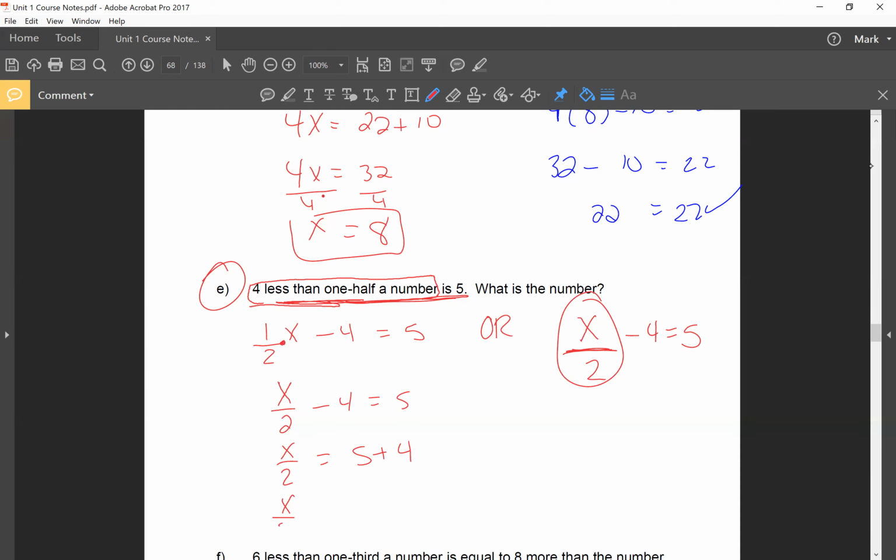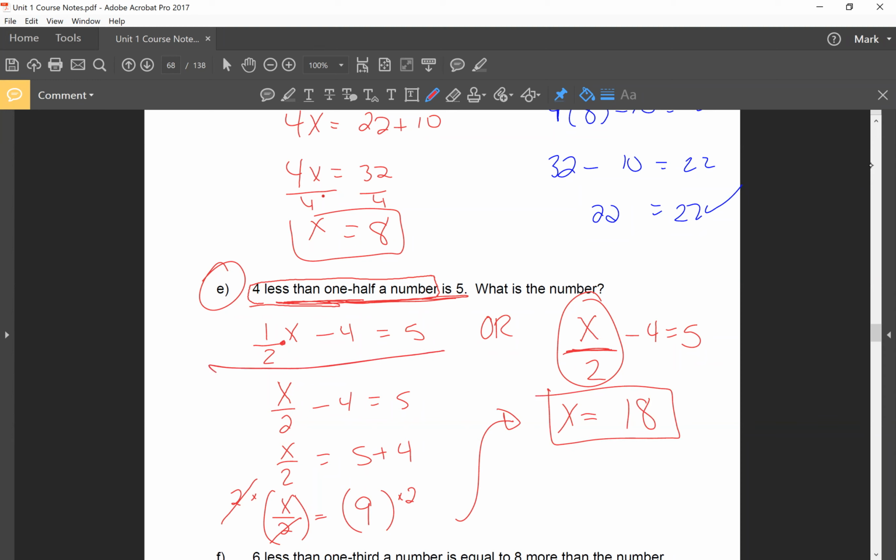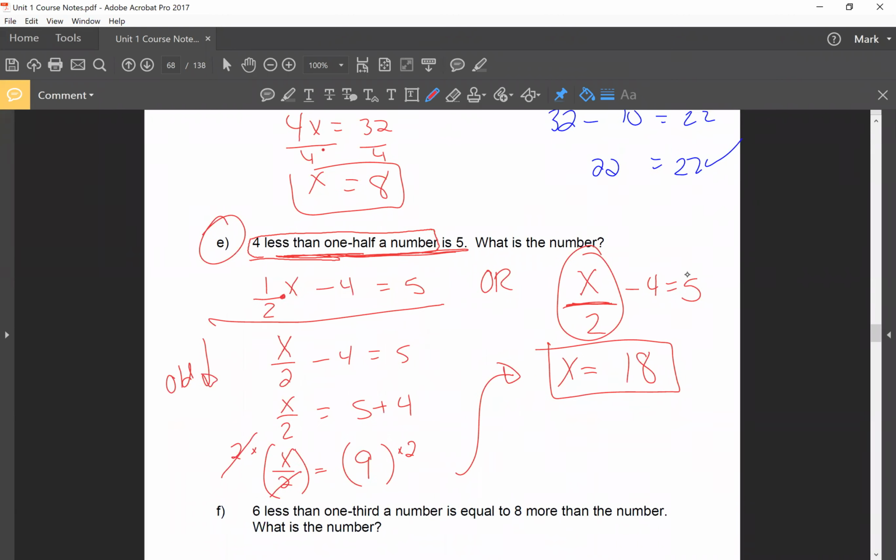So x over 2 is 9. And now to finish this problem, I need to get rid of that 2, so I multiply both sides by 2. If you don't know how to do this, you really want to look at some other classes. So x would be 18. You can check it on your own. I'm not going to bother. But this stuff, we have been doing since, I'd say, Wednesday last week. So you can check that out.